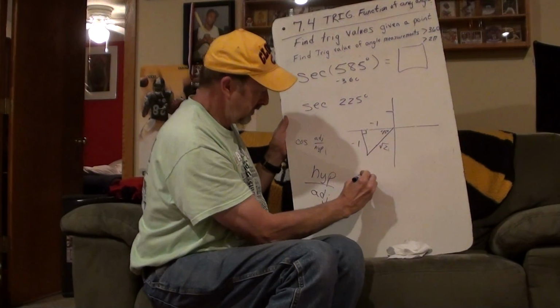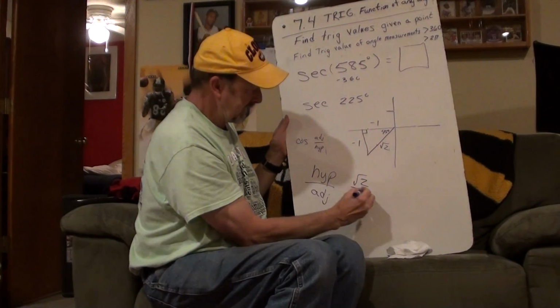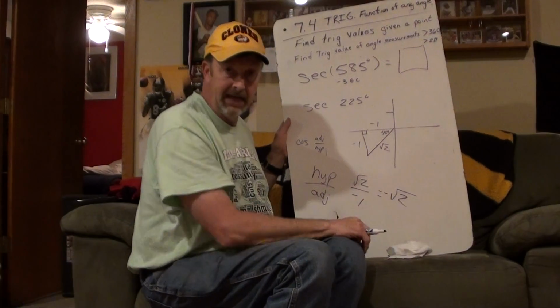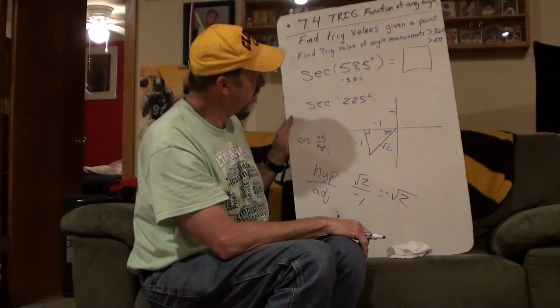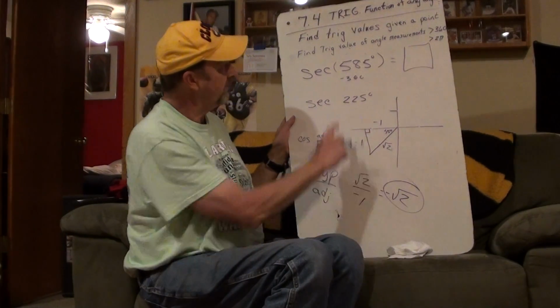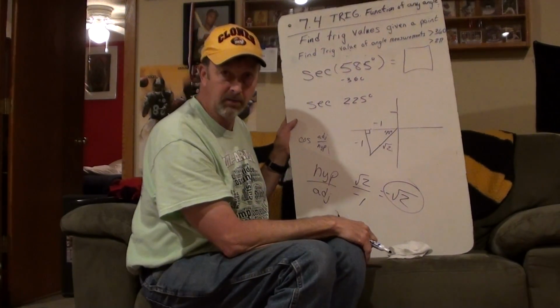Hypotenuse is square root of 2. Adjacent is -1. So basically -1.414 would be that answer right there. For both of these, you're being asked this, but you kind of use this to help you out.